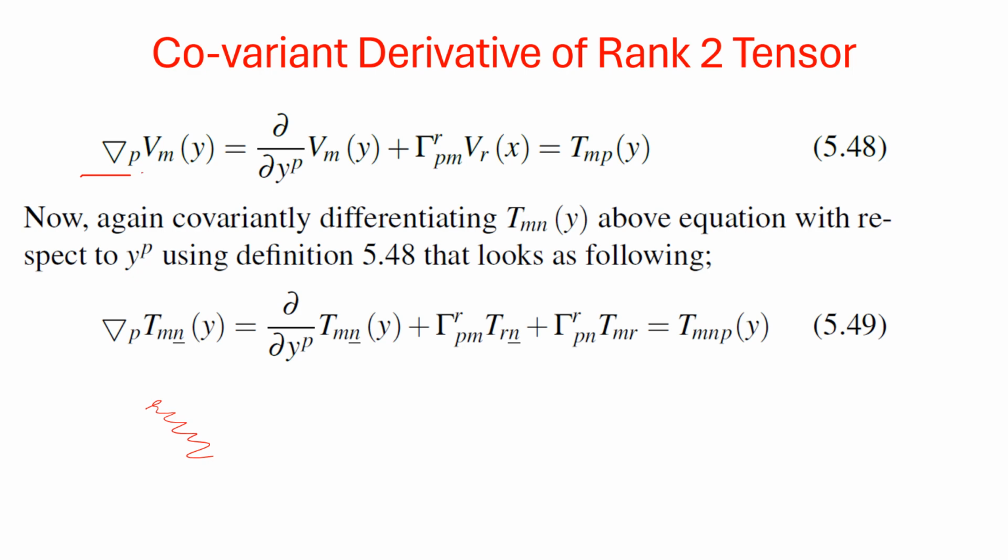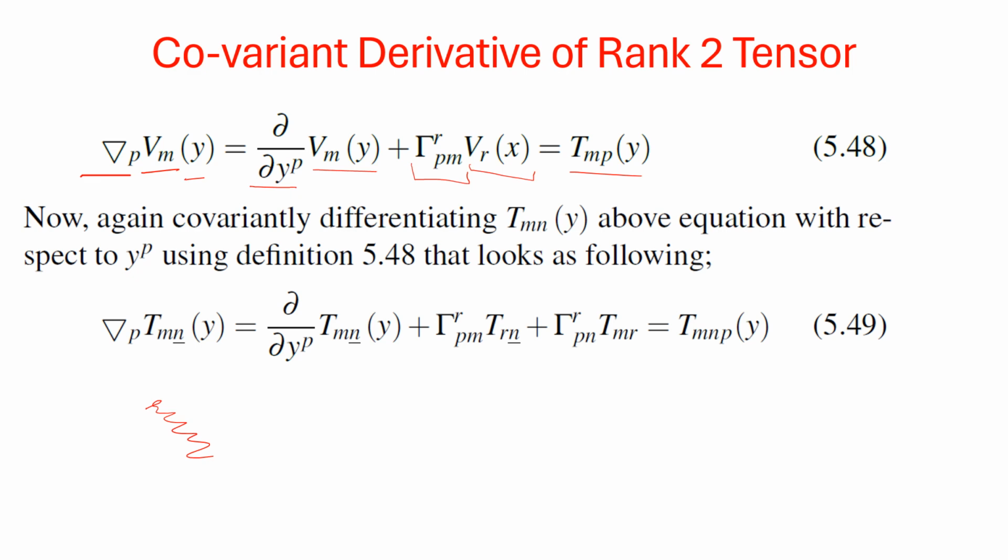So here this is Vm function of y. So you have to differentiate with respect to yp on Vm, and then this is the Christoffel symbol multiplied by Vr function of x. This in fact is a tensor. So the derivative of a tensor is also a tensor, one of the theorems in hardcore mathematics of tensors.